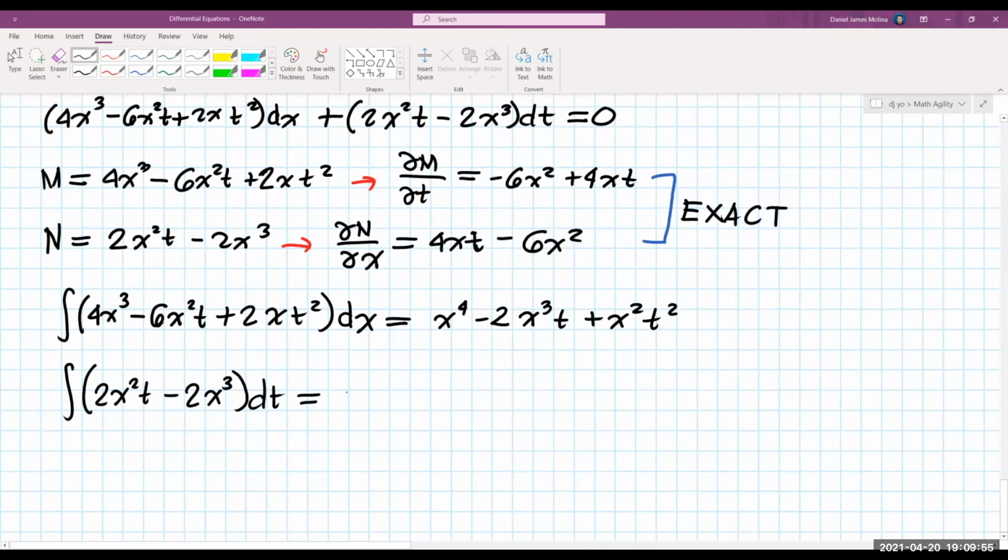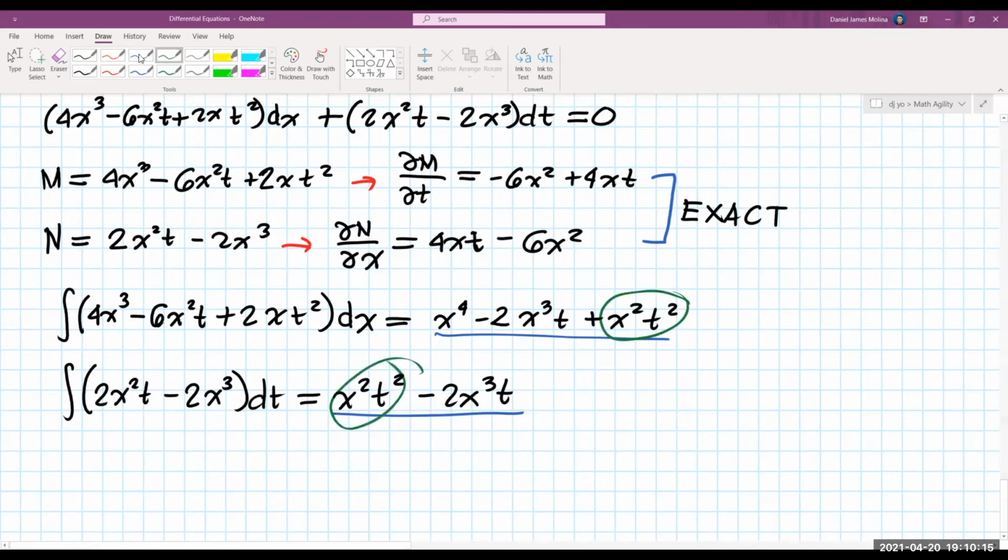Integrating, we have x squared t squared minus 2x cubed t. From these two results, we can see that we have common terms, x squared t squared and negative 2x cubed t.